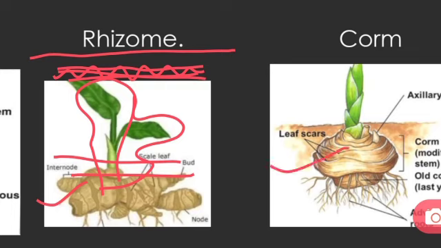Corm is a semi-spherical structure. It also contains scaly leaves that contain an axillary bud through which a new plant arises. Examples are yam or crocus. So these are the examples.